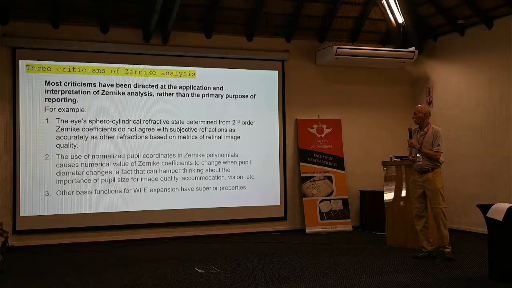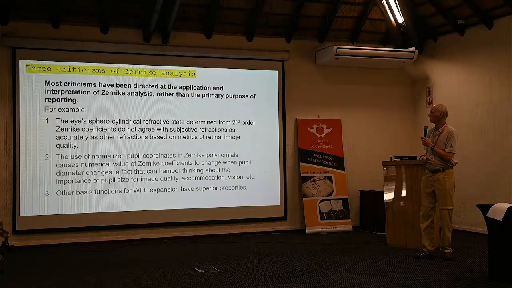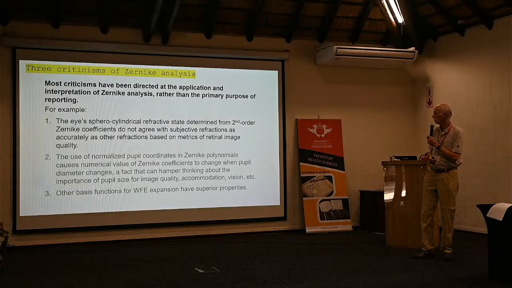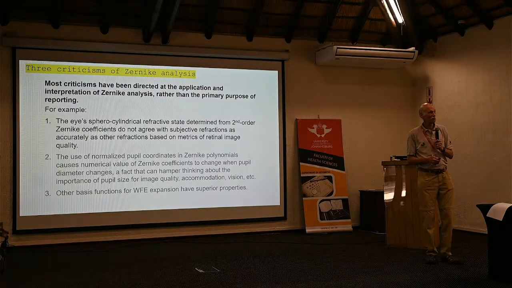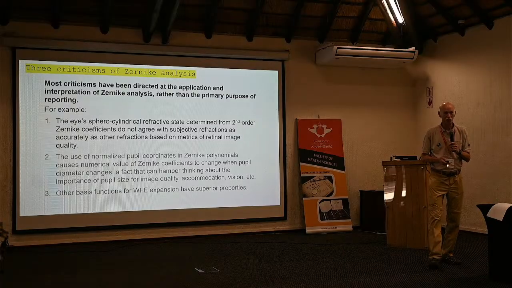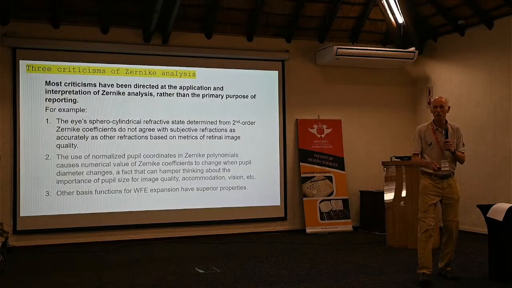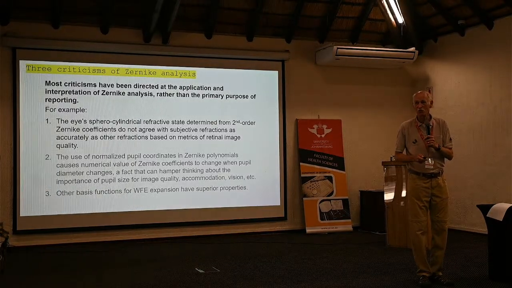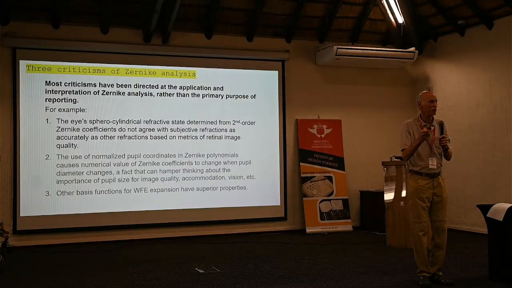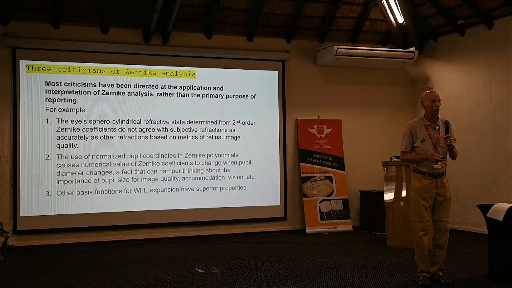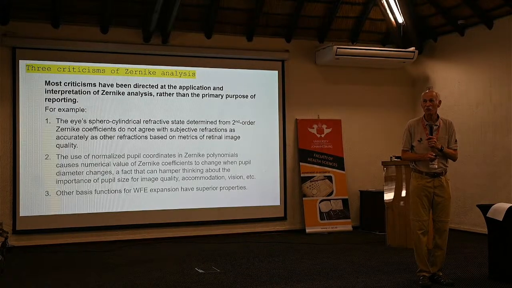But the big one, I think, is that the eye's spherocylindrical refractive state determined from second-order Zernike coefficients does not necessarily agree with subjective refractions. Now, this was a serious concern because people would go to the trade show and Dan would sit in front of his aberrometer, and say, I'm going to measure your prescription, do some wavefront aberration analysis, come up with a set of sphere, cylinder, axis values.